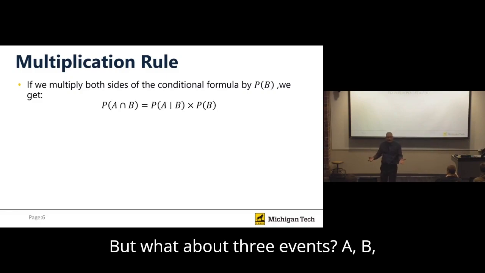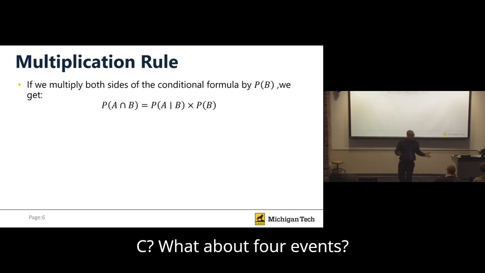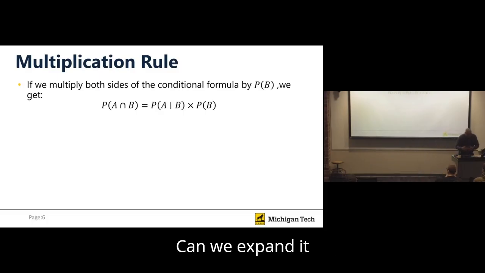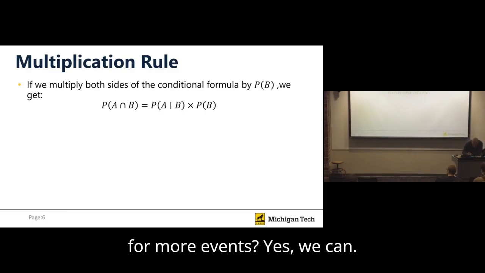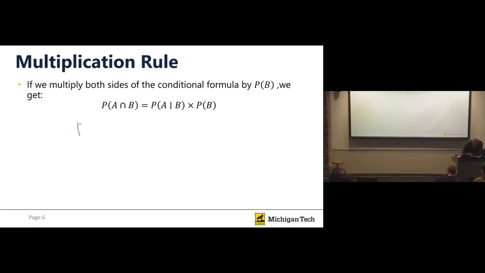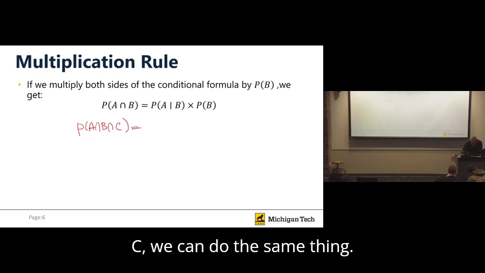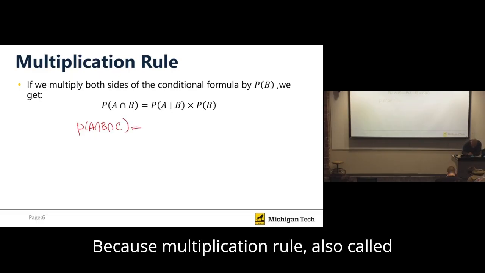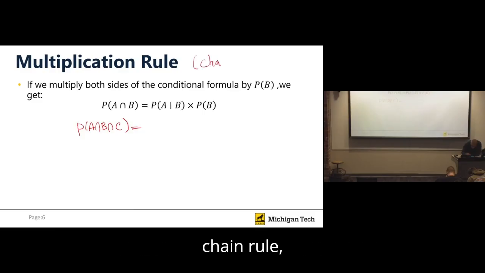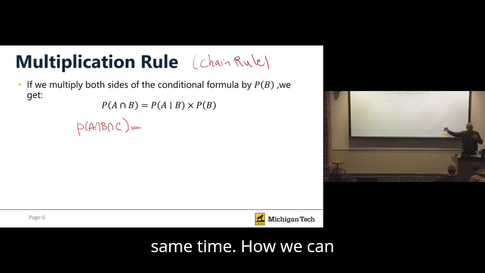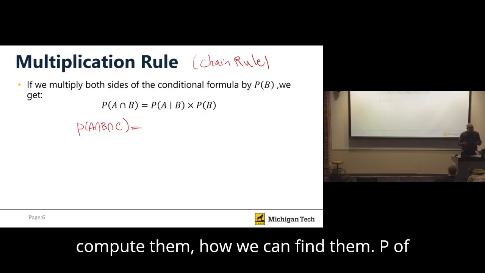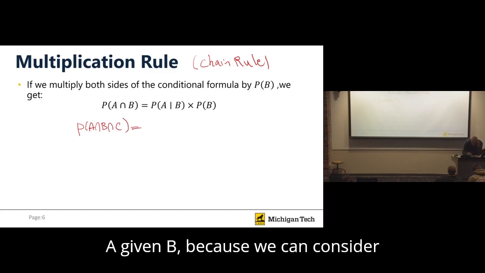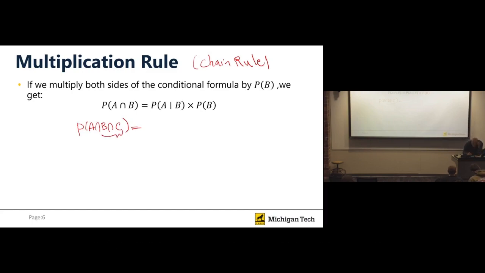But what about 3 events, A, B, C? What about 4 events? Can we expand it for more events? Yes, we can. P of A and B and C, we can do the same thing. The multiplication rule is also called the chain rule when you have many events happening at the same time. How can we compute them? P of A given B, because we can consider this as a D event.